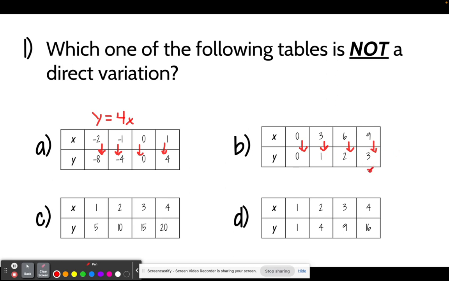This is 3 over 9, which equals 1/3. This is 2 over 6, also equal to 1/3. So I have equivalent fractions. This is proportional, therefore it is a direct variation. My equation would be y equals 1/3 x.